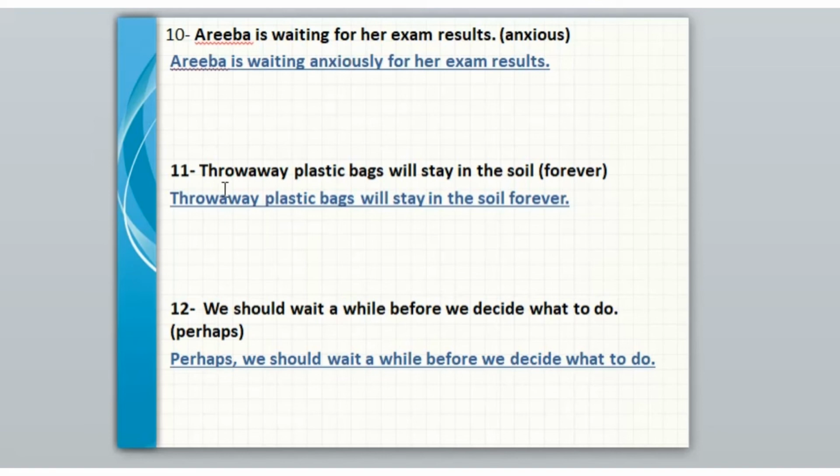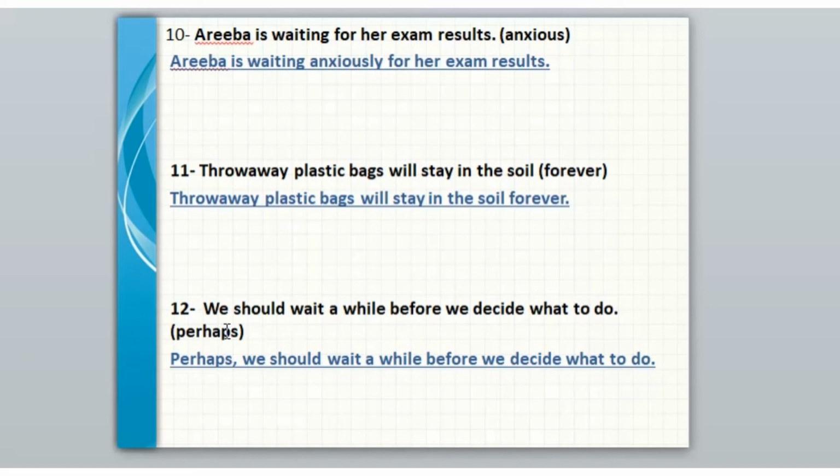Number 11. Throw away plastic bags will stay in the soil forever. So students, forever is the adverb of time. So it should remain at the end. We don't want to change the emphasis of the whole sentence. So it will become, throw away plastic bags will stay in the soil forever. Okay, 12. We should wait a while before we decide what to do.